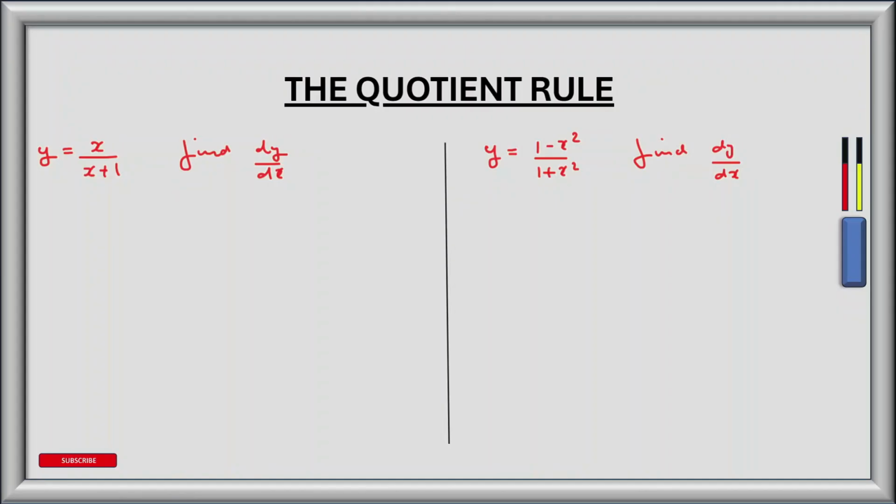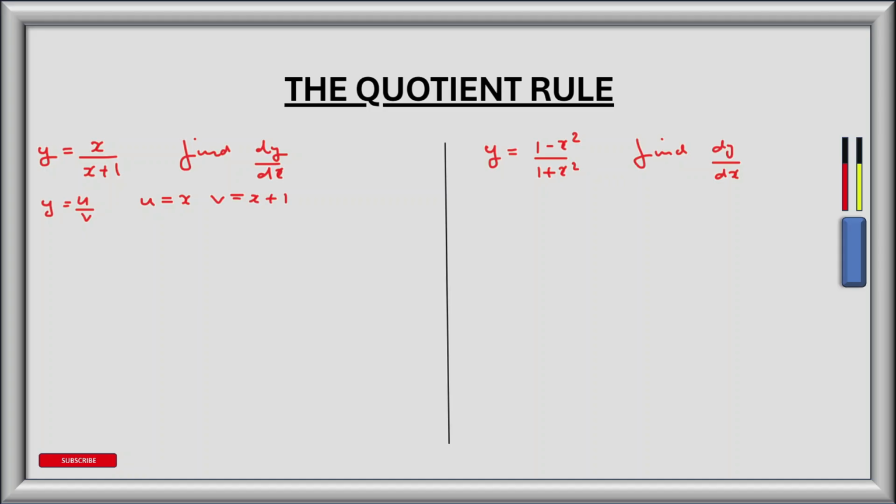So we'd like to differentiate y is equal to x divided by x plus 1. Now when we have a function in the form of y is equal to u divided by v, where in this case u is equal to x and v is equal to x plus 1, we can apply the quotient rule to differentiate the function.